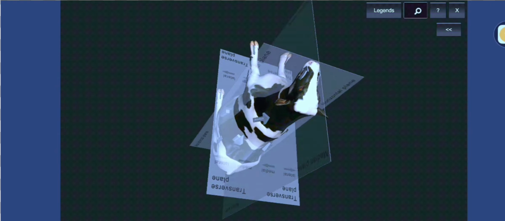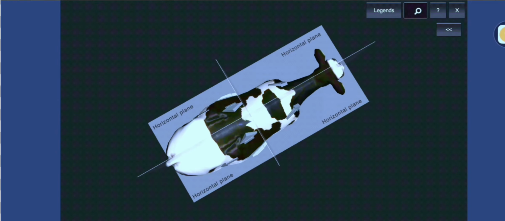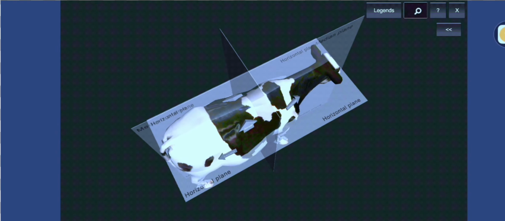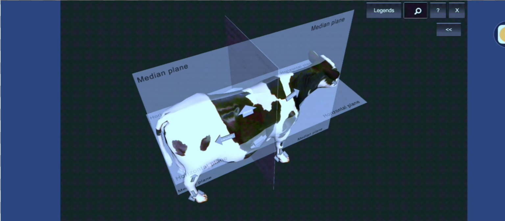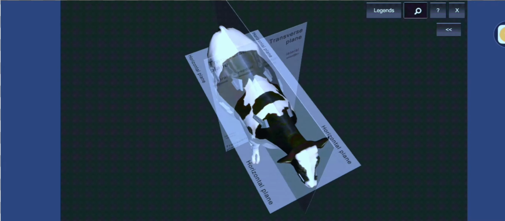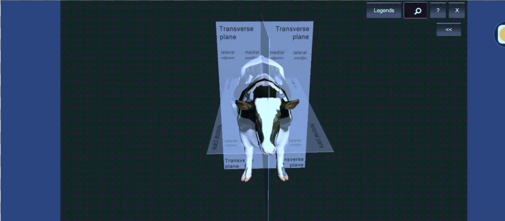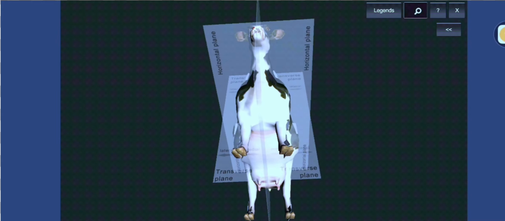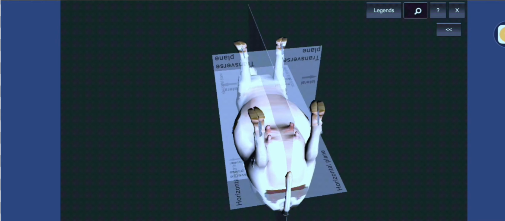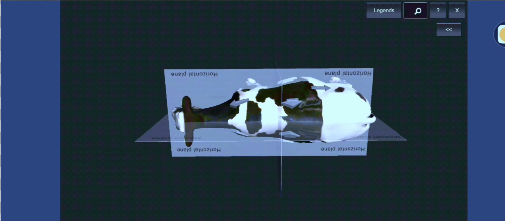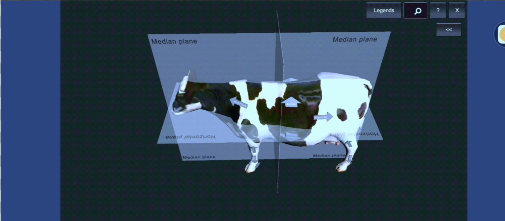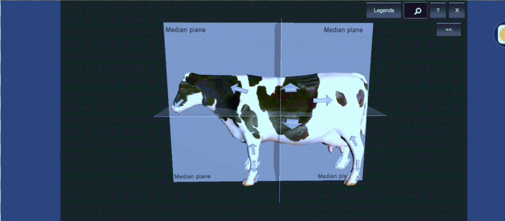See here, dividing into two equal halves from head to tail. We are seeing from the lateral side.